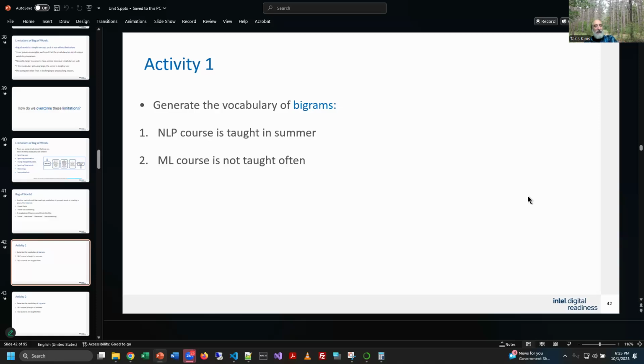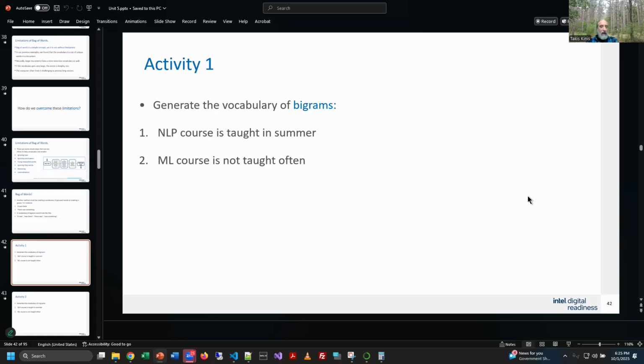Okay, so here's another activity. It says generate the vocabulary of bigrams. Now, what are bigrams? Two-word combinations, right? So for example, NLP course maybe is taught in summer. I think that's what they're alluding to here.